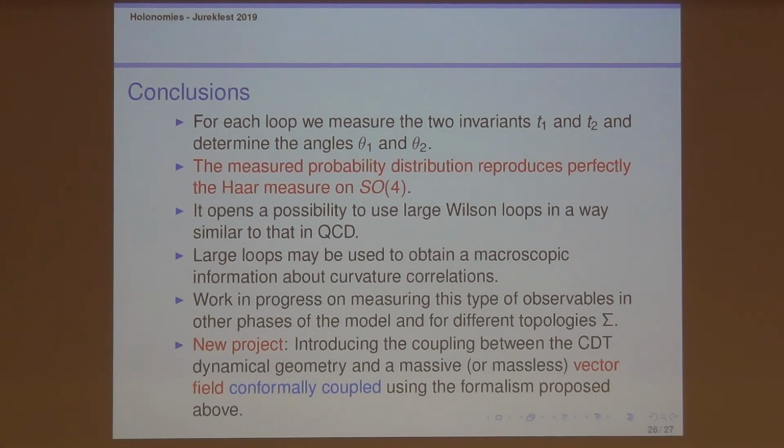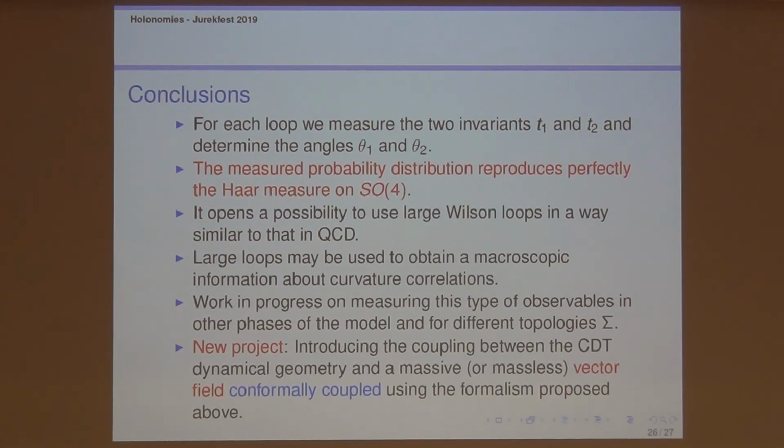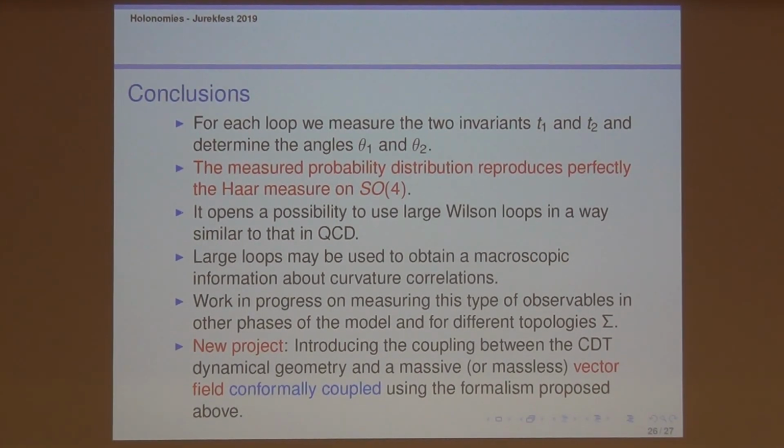So maybe I would like to conclude here that it seems to be possible that although we have such a discrete structure of angles at a short scale, we are able to obtain back a sensible continuous behavior.